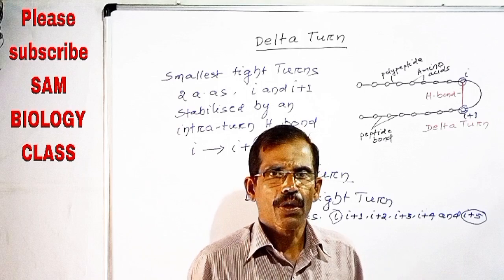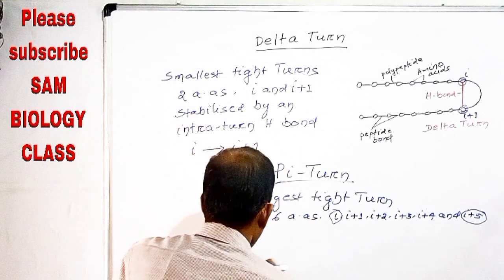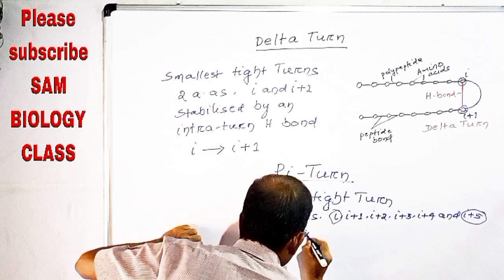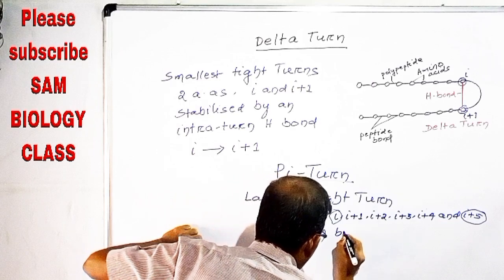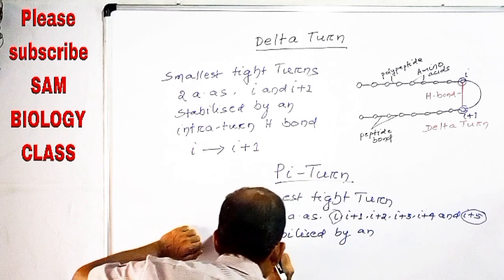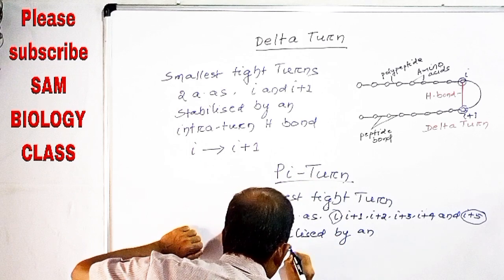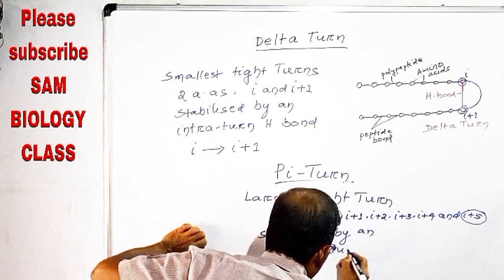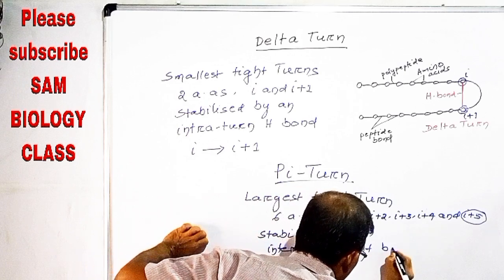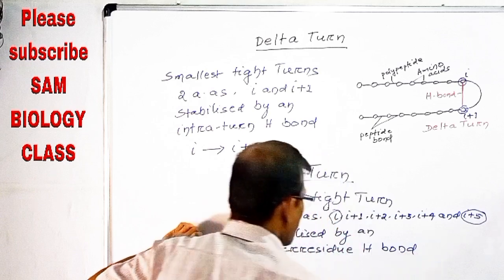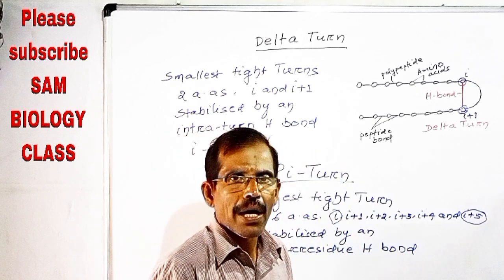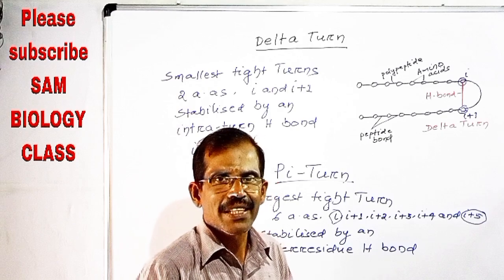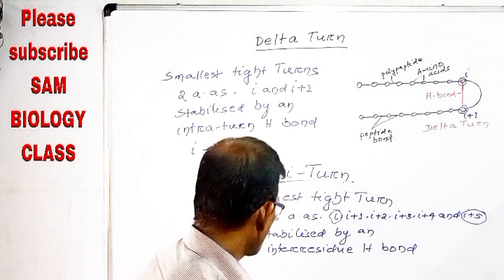Like other turns, pi turn is also stabilized by an inter-residue hydrogen bond which connects the carbonyl group of one amino acid and the amide group of another amino acid which is located 5 residues ahead in the sequence.